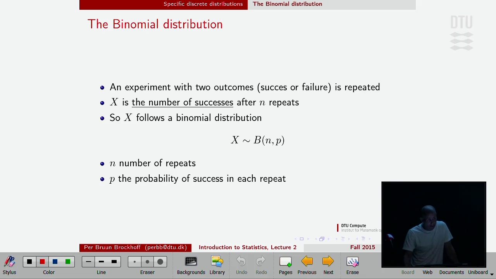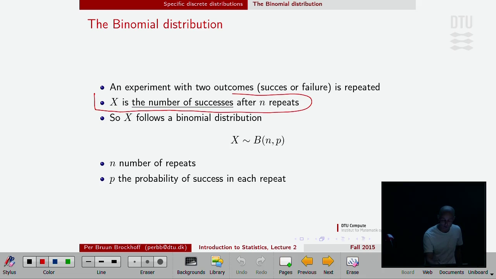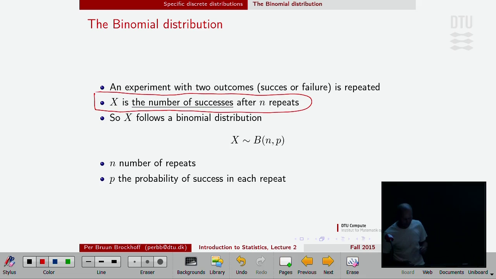If we have such a case where we do that, a number of repeated success-failure experiments, that's the kind of situation we decide that we are in. I'm not really so much interested also about the kids.